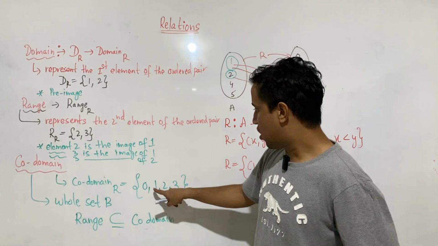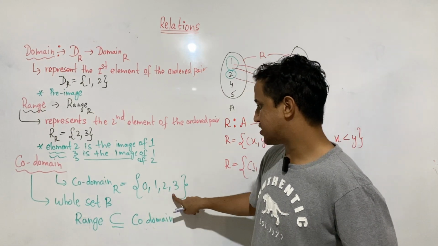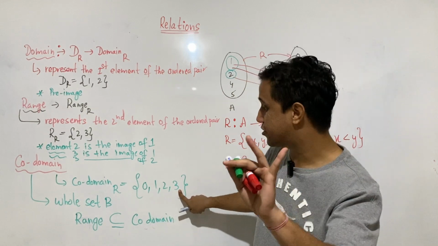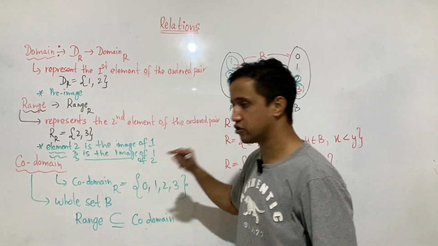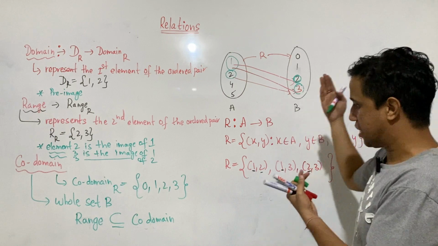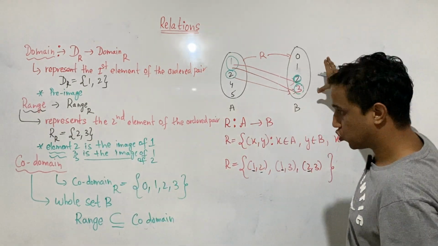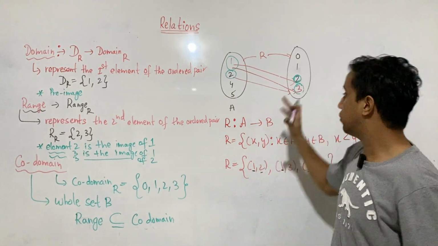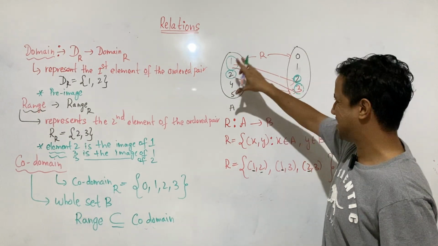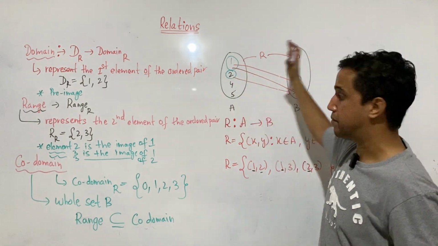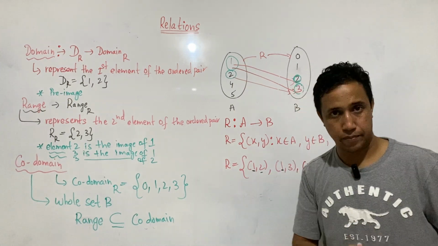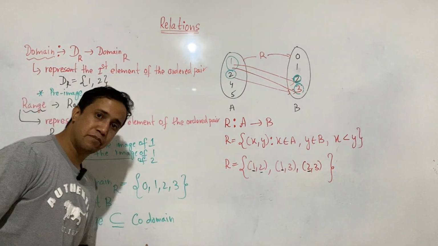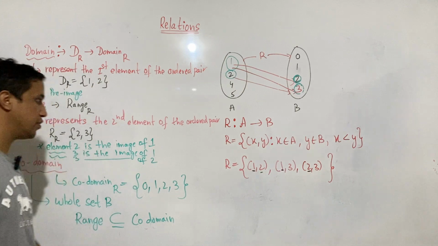If you make subsets of this set of 4 elements, 2 raised to power 4, there are going to be 16 subsets, and the range is going to be part of those subsets. So your range can either be a subset of your codomain, or it's possible that your range is the same as your codomain when all the elements in A have their images in B. So the range can be the same, or it will be a subset of your codomain.